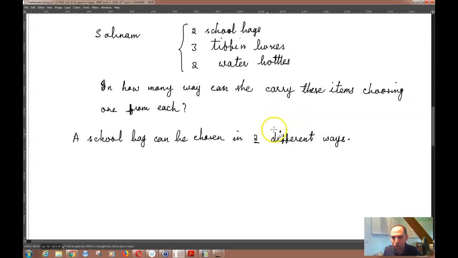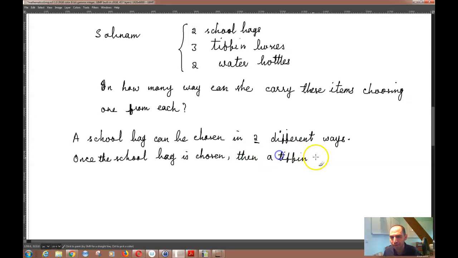Once the school bag is chosen, then a tiffin box can be chosen in three different ways.